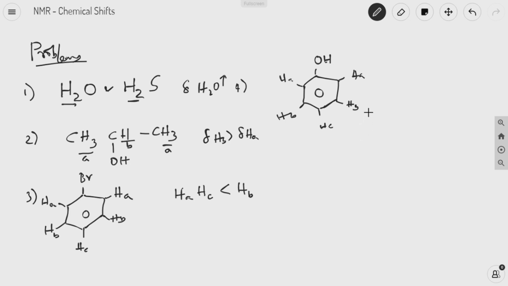The same case here, you know that OH is also an ortho-para director, so we're going to have the same values. In this case again, HA will be comparatively greater than HC because of the distance factor. This is close to OH, whereas this is far from OH. That's the reason why we can arrange it this way.